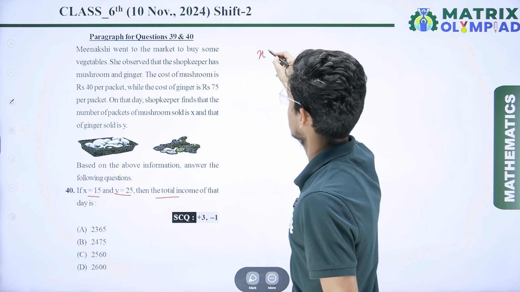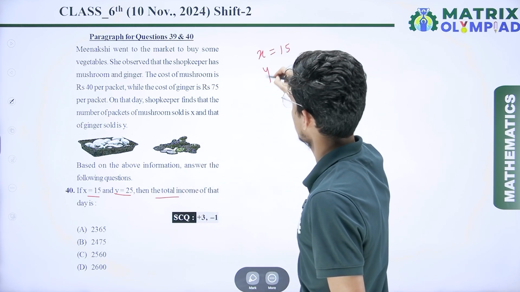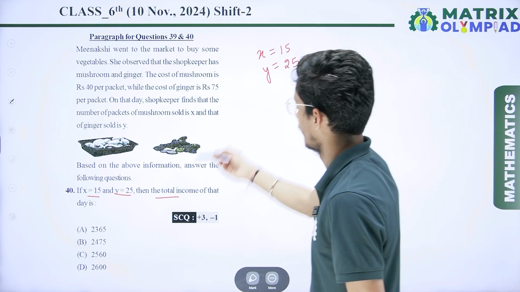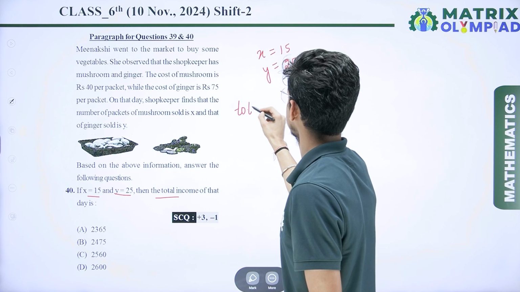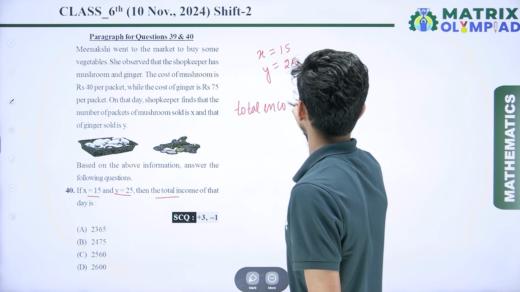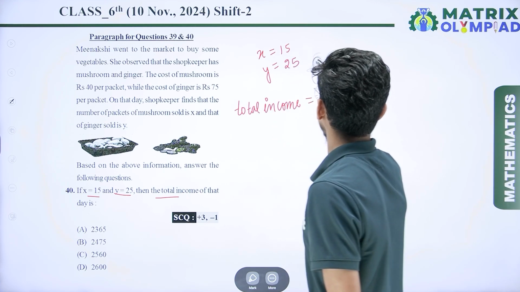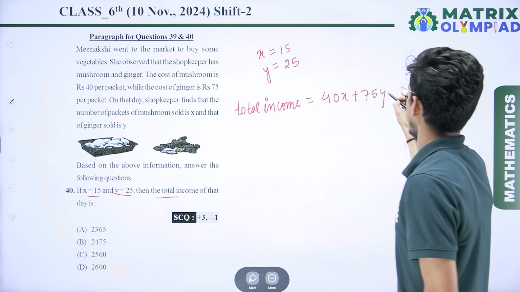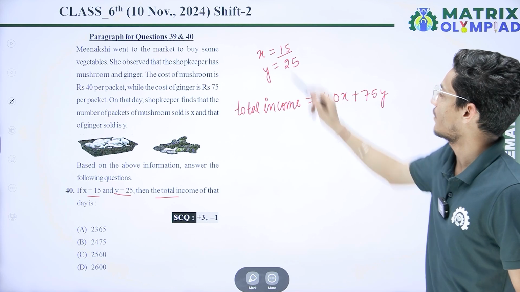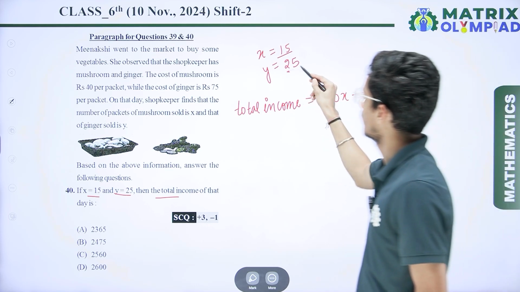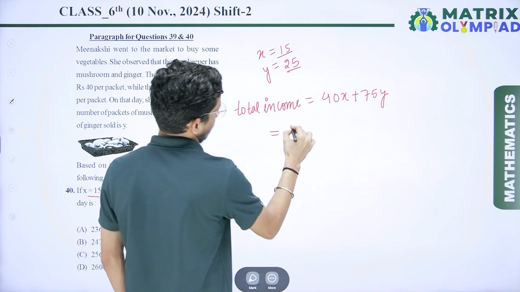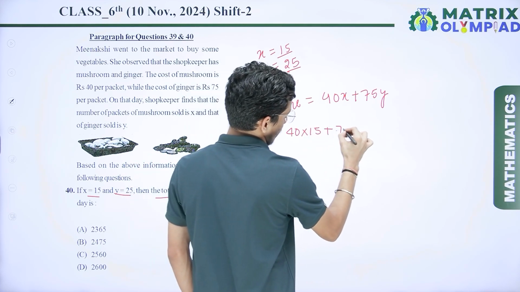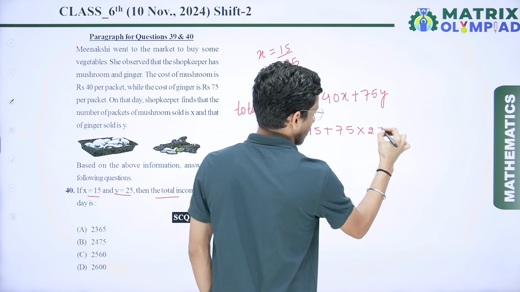So we know the total income is 40x plus 75y. Now if I put the value of x equal to 15 and the value of y equal to 25, then I can write here 40 multiplied by 15 plus 75 multiplied by 25.